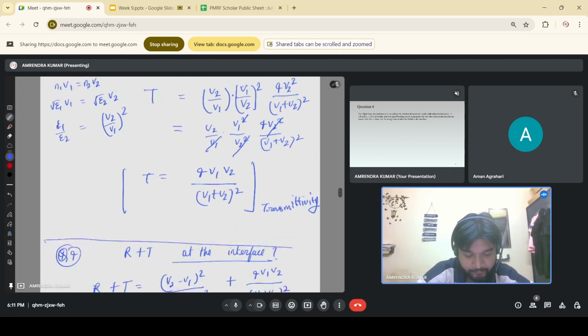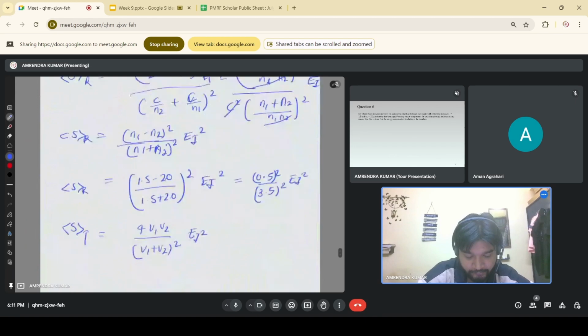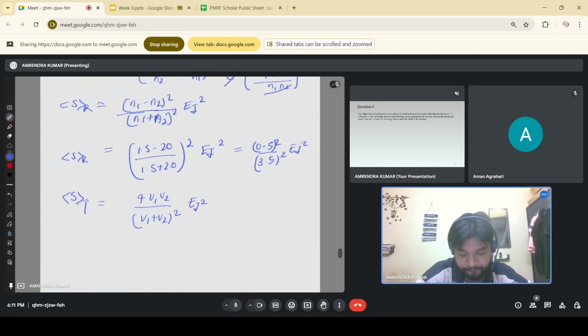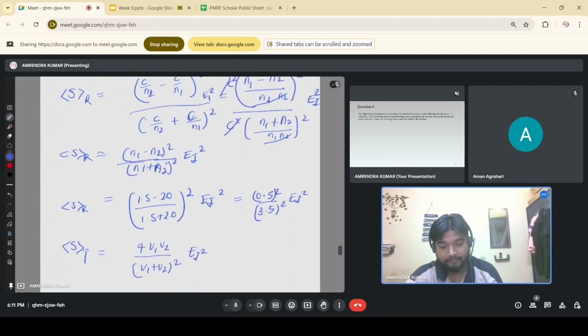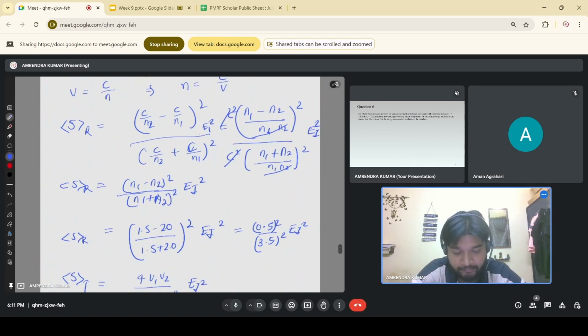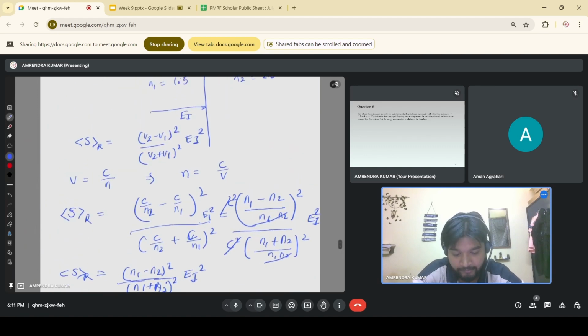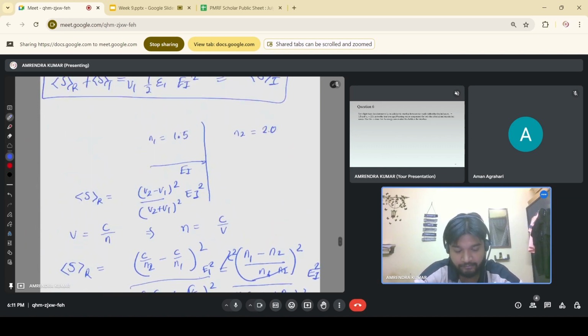And this is not EI squared. Sorry, I made a mistake, so this is not correct.